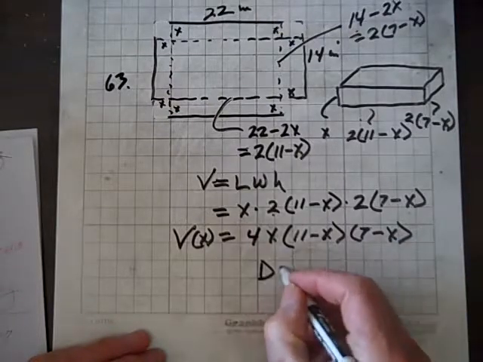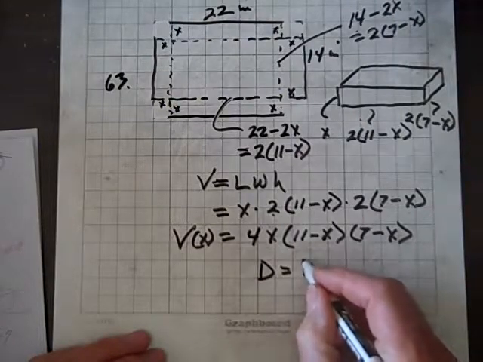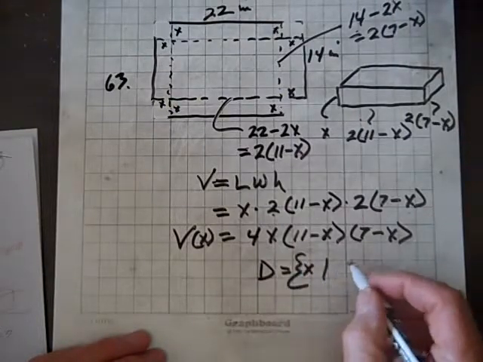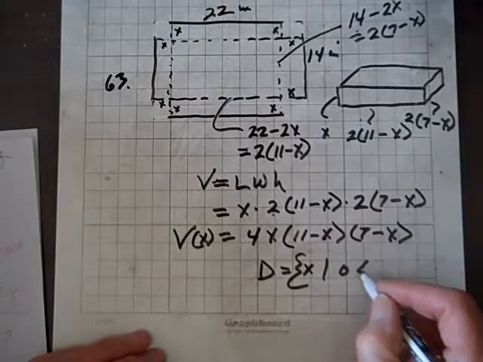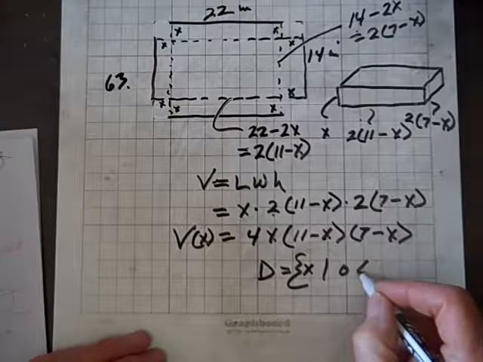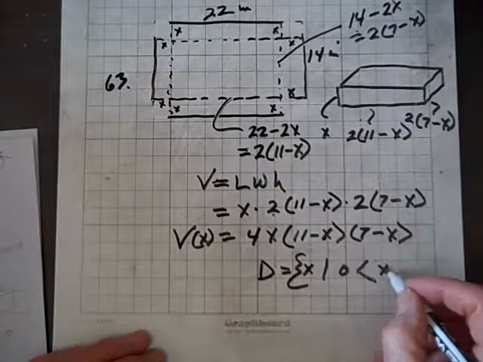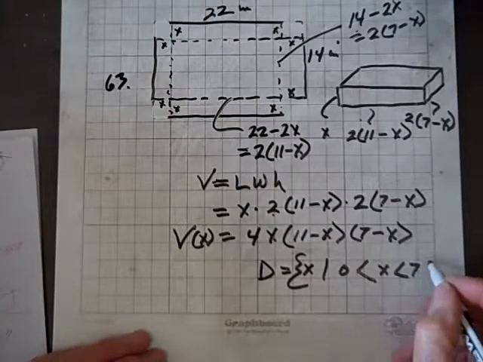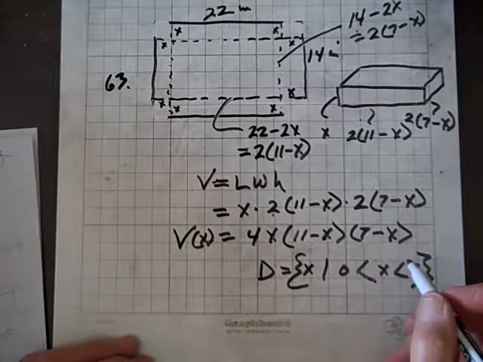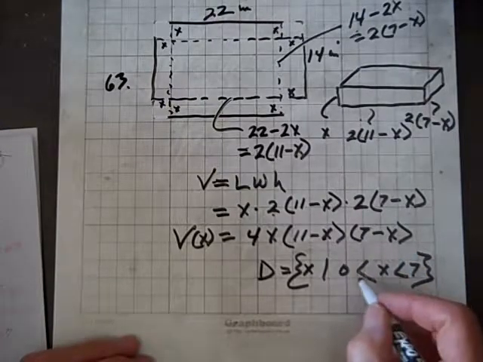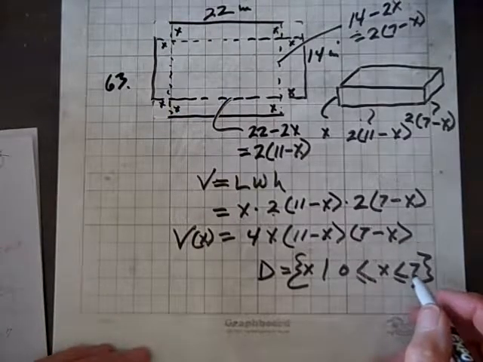So the domain equals the set x such that 0 is less than, as a matter of fact, less than x, which is less than 7. That is, to have a box, if we want to have a physical entity, then we could have an equal sign associated with those. Then we just have a sheet of material.